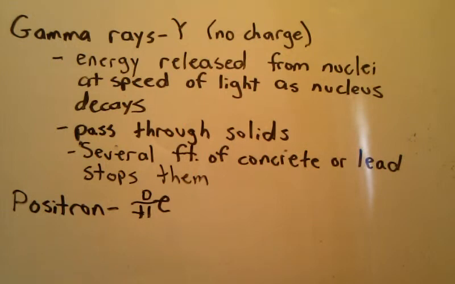Okay? This means positron. In 1932, Carl Anderson conducted a series of experiments with a device called a cloud chamber. This chamber contains a cloud of vapor similar to a cloud in the sky. Whenever a particle passes through the cloud chamber, it leaves a track in the cloud. By studying the track, the scientists can determine the particle's speed, mass, and charge. As a result of such a study, Anderson found evidence that a particle just like the electron existed, except this new particle had an opposite charge. Therefore, the new discovery was called a positron, because it was just like an electron, but with a positive charge.